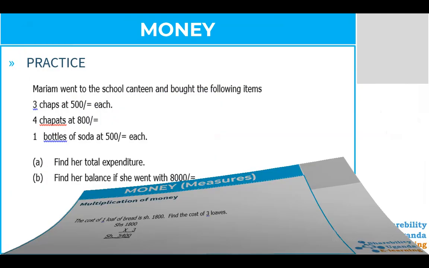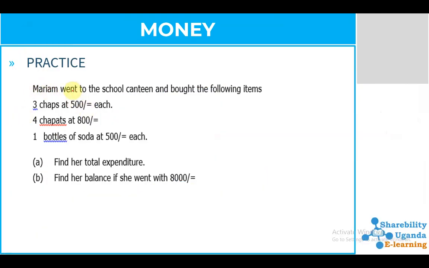Let's look at another question here, which is our practice. Mariam went to a school canteen and bought the following items. She bought 3 chapati at 500 each, then 4 chapati at 800, then 1 bottle of soda at 500 each.